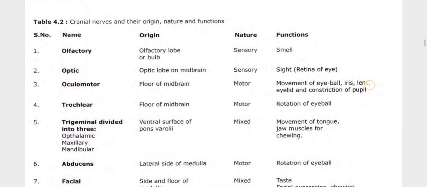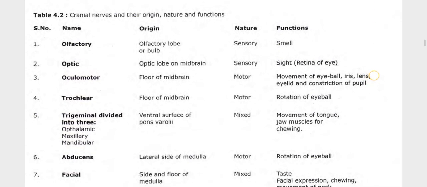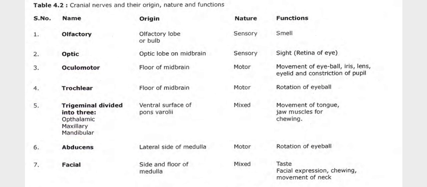So olfactory, origin olfactory lobe or bulb, nature sensory, functions smell related. Then optic, lobe on midbrain, nature sensory, function sight, retina of eye. Then oculomotor, floor of midbrain, motor, movement of eyeball, iris, lens, eyelid and constriction of pupil.